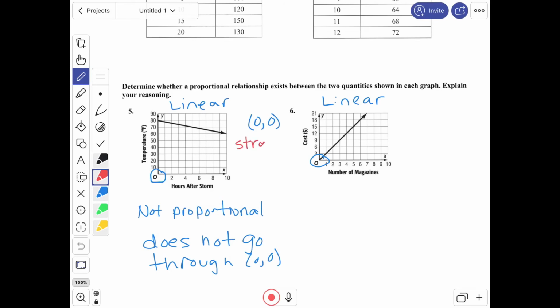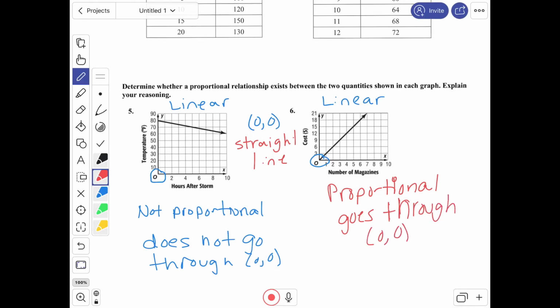It has to do both: go through the origin and be a straight line. Since it does both, this one is proportional. And the reason is because it goes through 0, 0 and is a straight line.